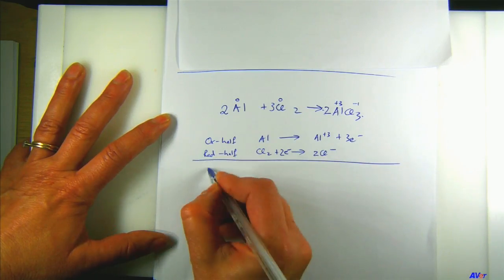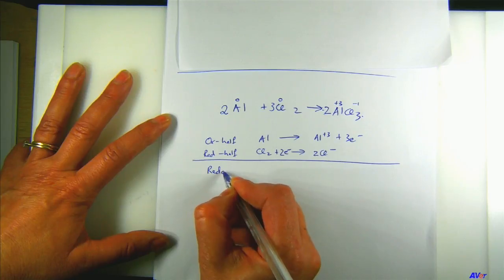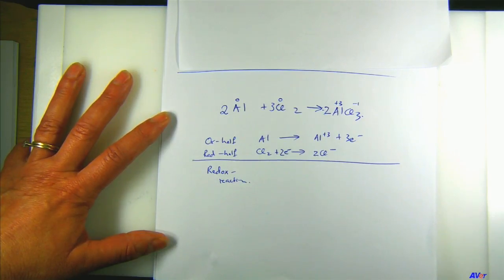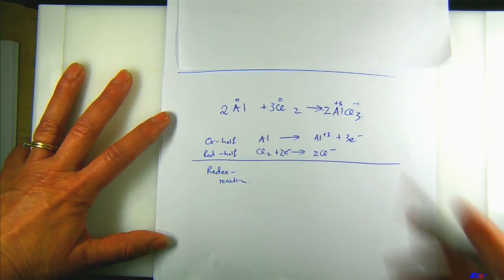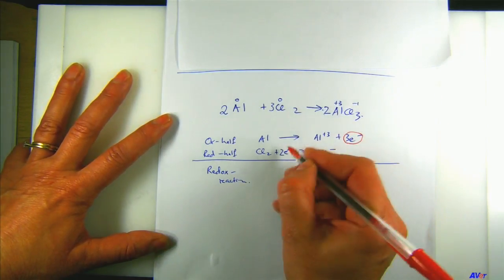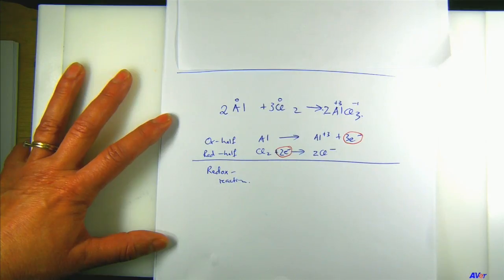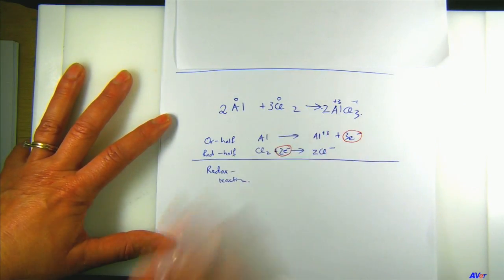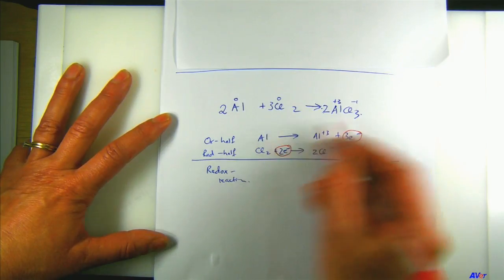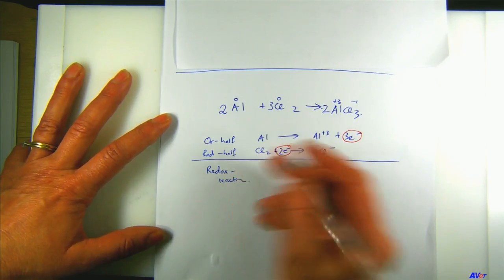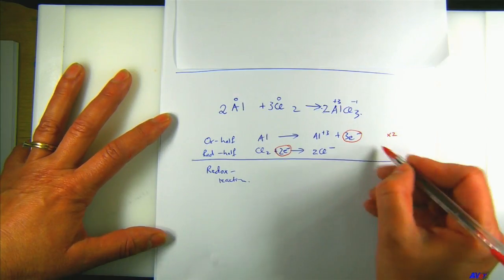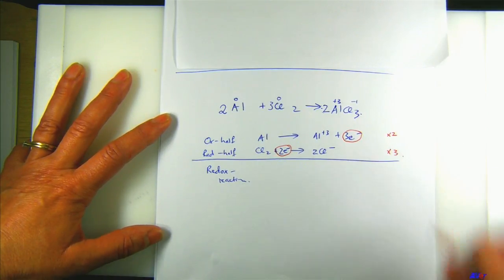Right, and now we want to put them together to get our redox reaction. Now, we've got a problem, because this one releases 3 electrons, and that one only gains 2. So how can I make this one happen in such a way that we've got equal amounts released and gained? I have to make the first one happen twice in the time that the second one happens 3 times.